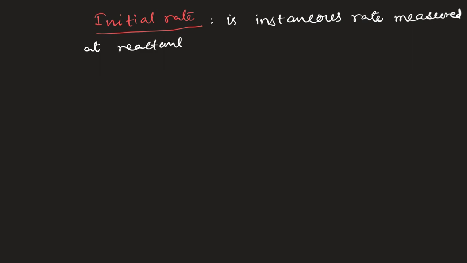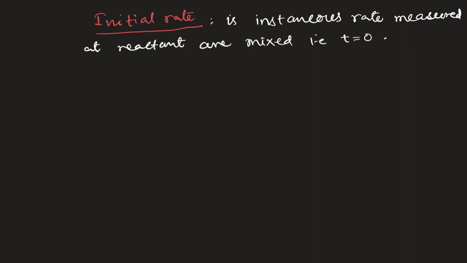Now, initial rate. So what is the initial rate? Initial rate is the instantaneous rate measured at the time reactants are mixed. That is, time is equal to 0. That is called initial rate.